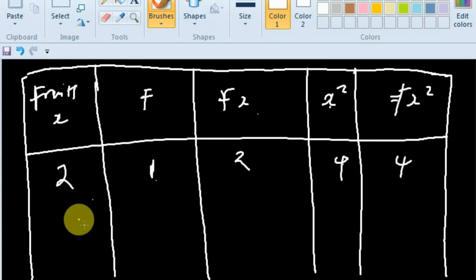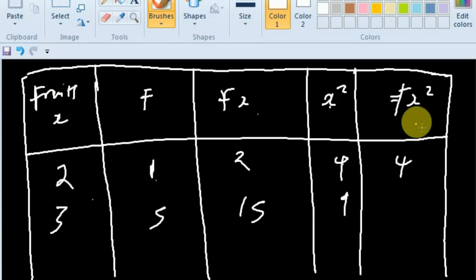Then I also have 3. The frequency of 3 is 5. So 3 multiplied by 5 is 15. Then to find x squared, I'll say 3 multiplied by 3, and the answer is 9. Then 9 multiplied by 5, the answer is 45.